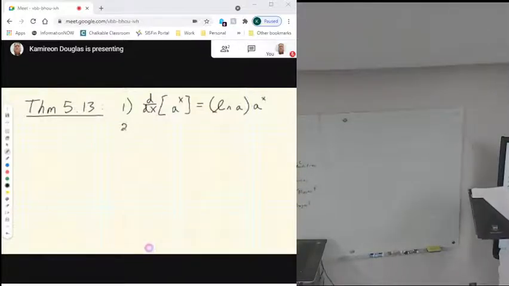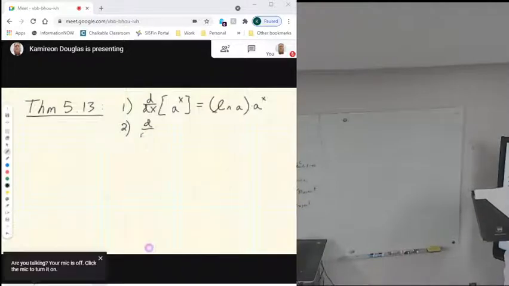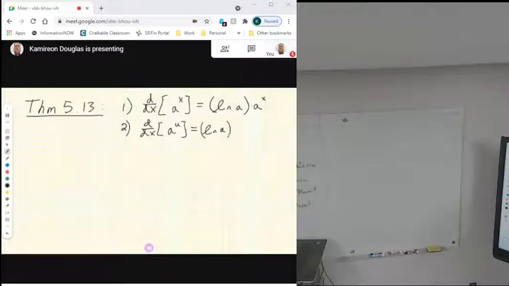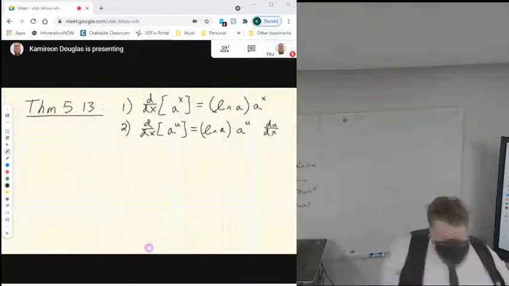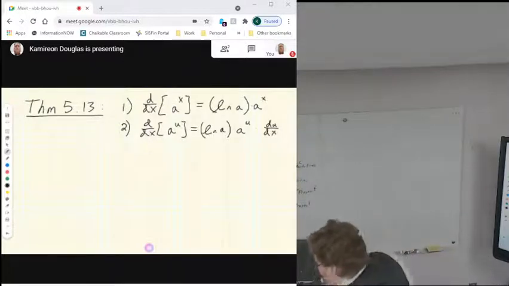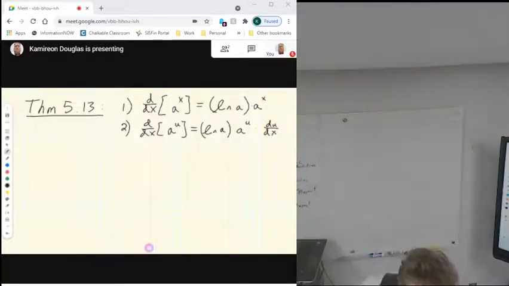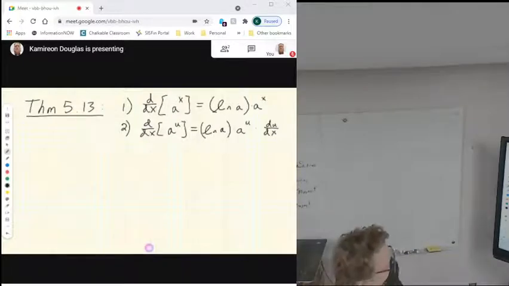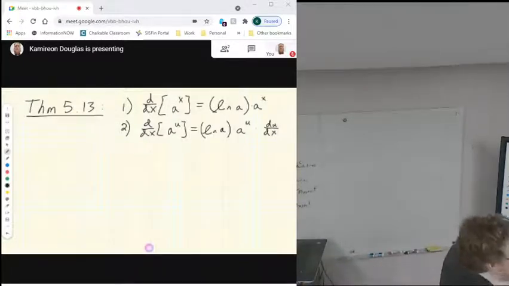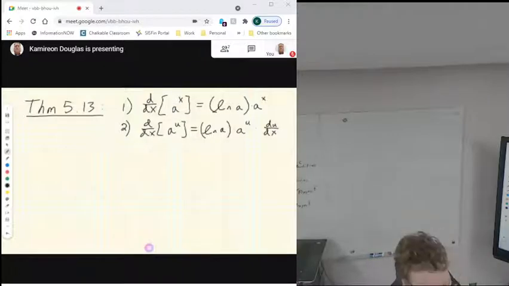Part 2, if instead of a to the x it's a to some function u, then the derivative would be the natural log of a times a to the u, and then the chain rule implies the derivative of u goes on the end, so du dx or u prime. So we have any base that is not e: base 2, base 3, base 5, base 7, base of some round decimal. So you take the derivative.